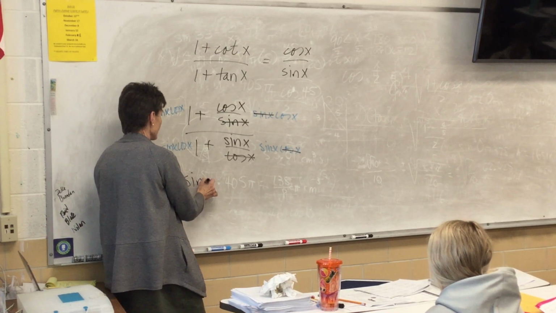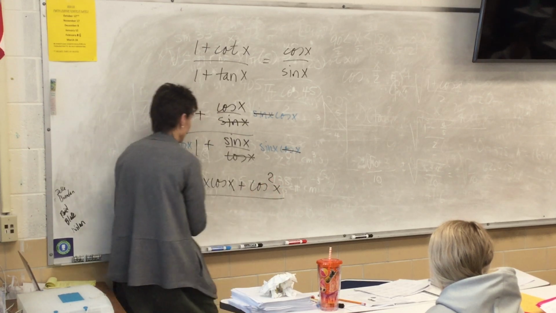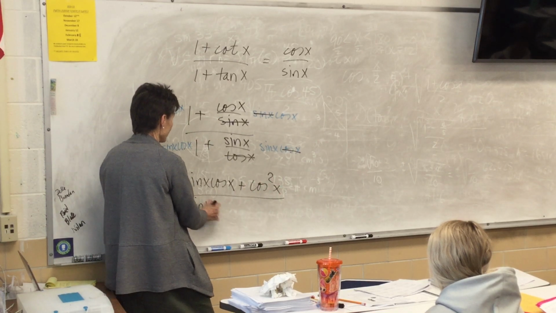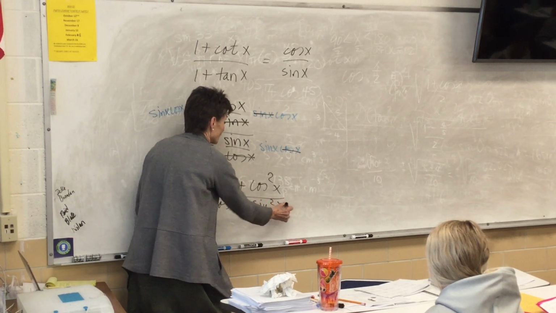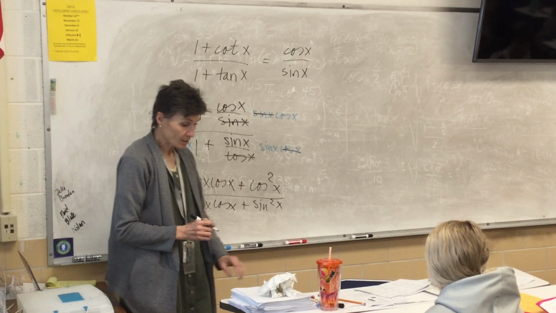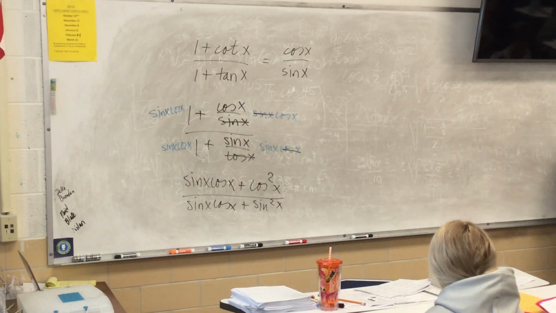So sine cosine plus cosine squared over sine cosine plus sine squared. Now some of you are thinking, oh my gosh, Mrs. Ford, that was worse than it was to start with. Well, it's certainly bigger.